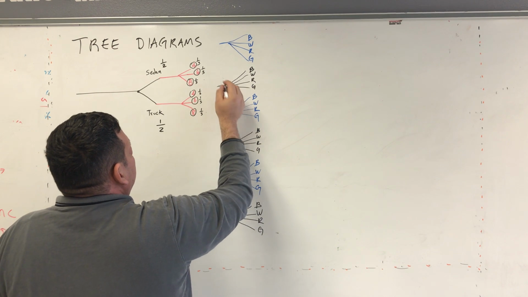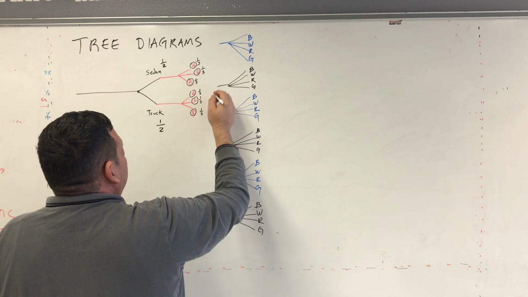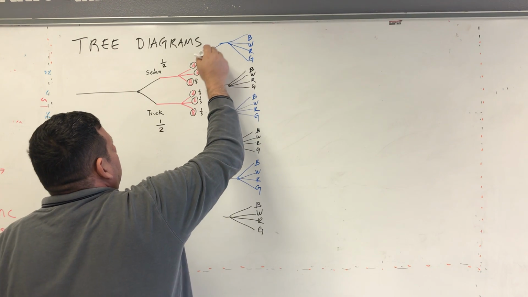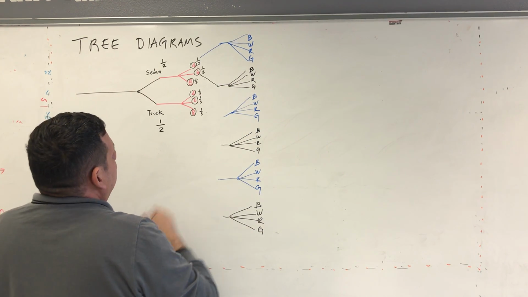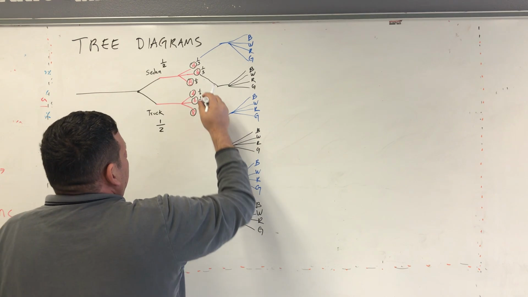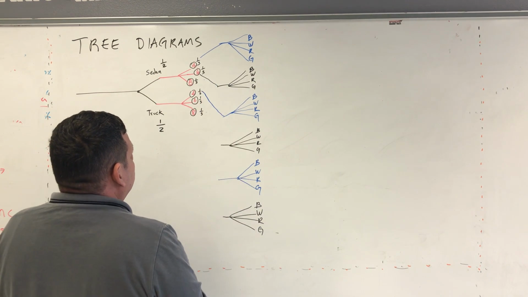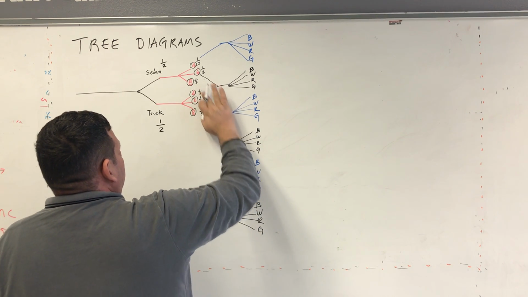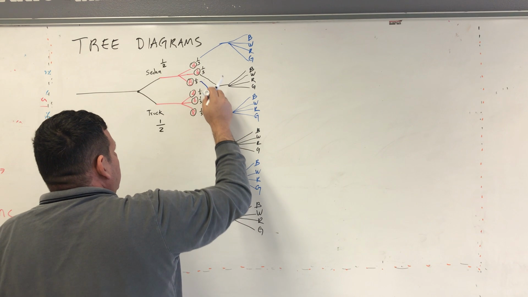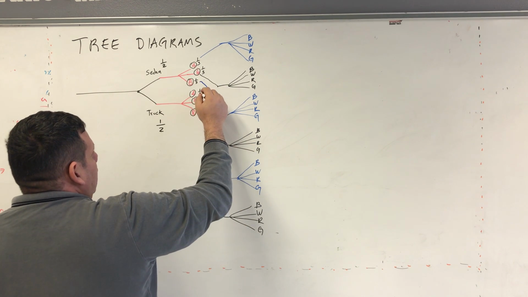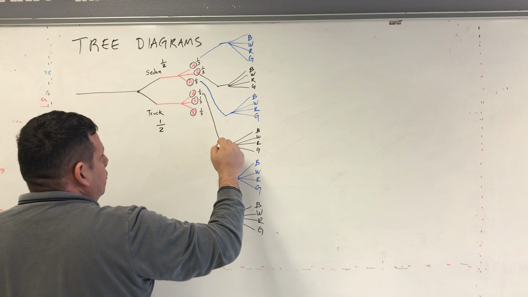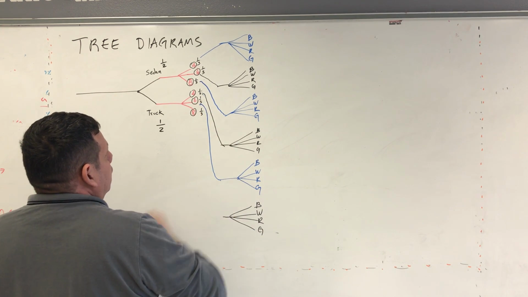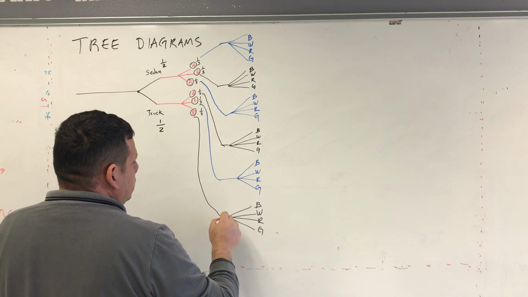And we start joining with this branch, also with this branch. Oops, sorry. It's with this one here, this branch right here, and now this branch right here, this branch right here, and this branch right here.